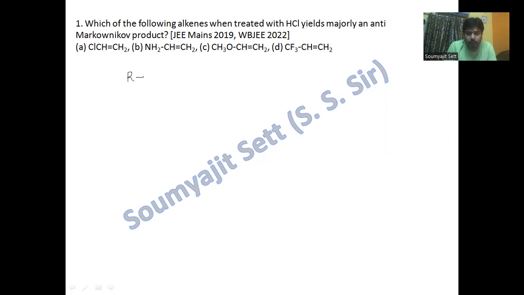We know when this kind of molecule, this is an unsymmetrical alkene, is treated with HCl, the reaction will proceed via formation of the stable carbocation.